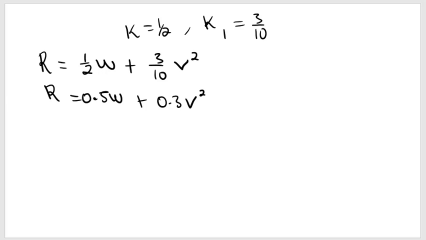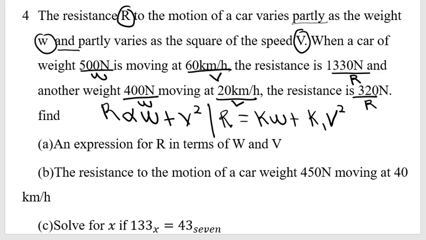Now for the B, it says the resistance to the motion of a car weighing 450 N moving at 40 kilometers per hour. In this case, the question wants you to find R when your W is equal to 450 and your V is equal to 40.